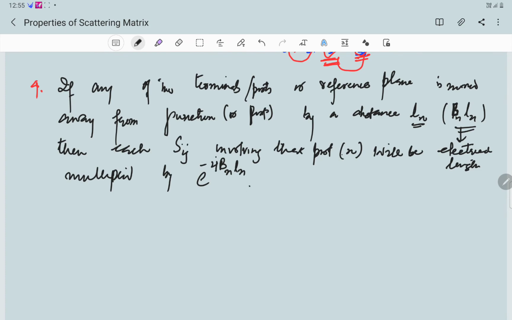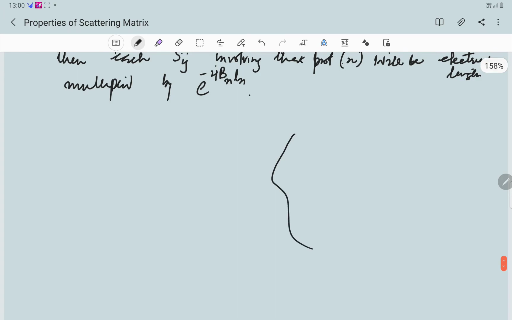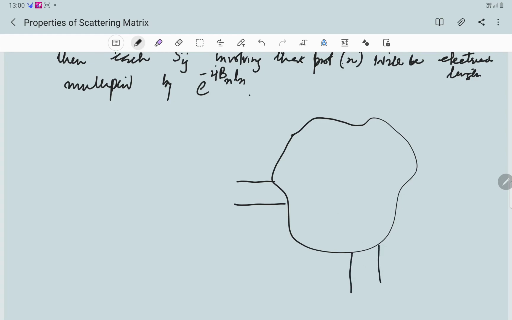I'll explain it. Let us consider an n-port network. For example, let this be an n-port network. This is our port number 1, this is port number 2, this is port number 3, and let it be port number n.